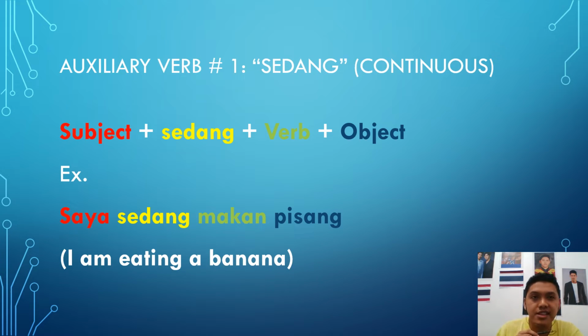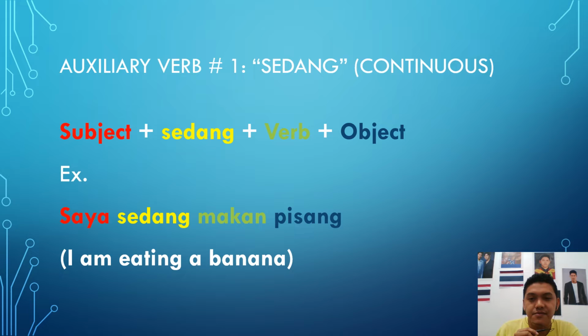So the first kata bantu or auxiliary verb is sedang. Sedang in other contexts means continuous, an auxiliary verb for the continuous subject. Okay, so subject plus sedang plus verb plus object.